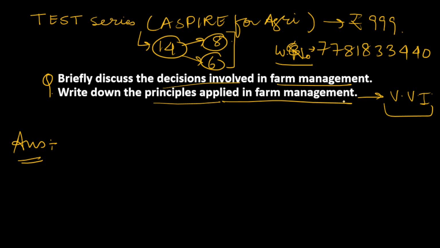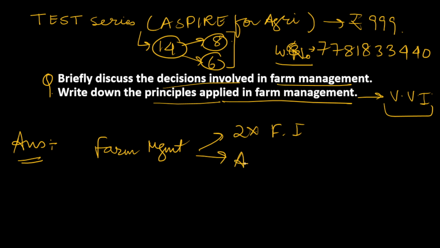You will introduce by defining farm management, by writing certain data of farm management, or simply connecting farm management with the current scenario, how we can double the farmers' income using farm management. I'm writing here only, farm management can be helpful in doubling farmers' income, in achieving agriculture sustainability.